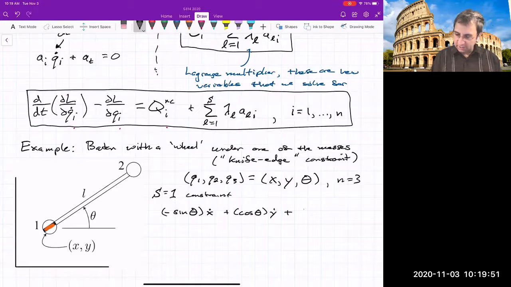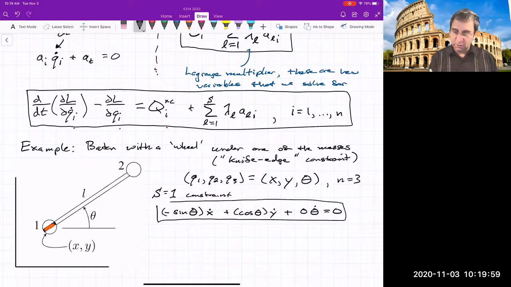And there's an implied 0 times theta dot. So this constraint is in the form of that non-holonomic constraint up above. And since there's only one constraint, we'll label this as L1. So that means, writing it in the form above, this is A1,1, because x dot is actually q1 dot.